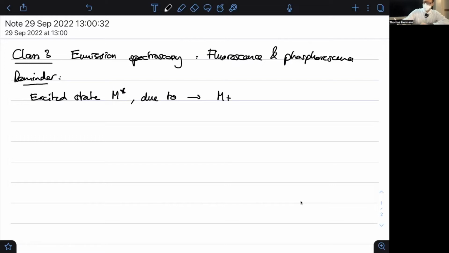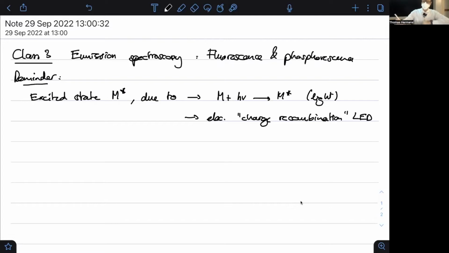So ground state plus h nu gives excited state, that's light. We can have electricity, right? More formally, you would say charge recombination. This is like in LEDs, right? So two charges recombine. You can have chemical reactions. So this would be chemiluminescence.